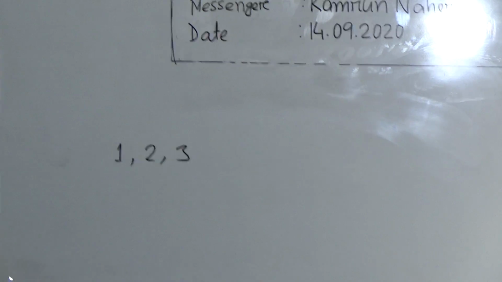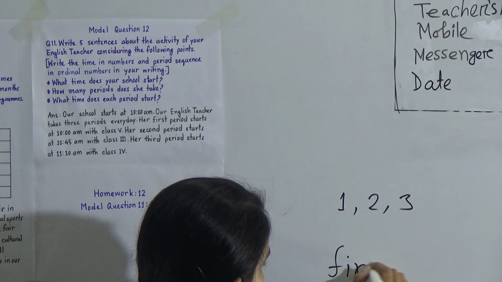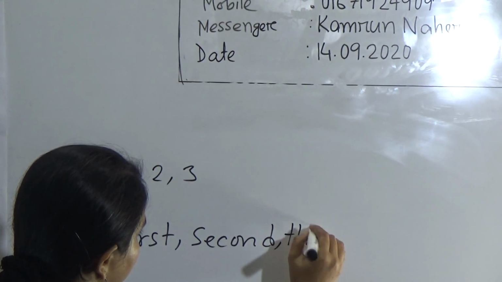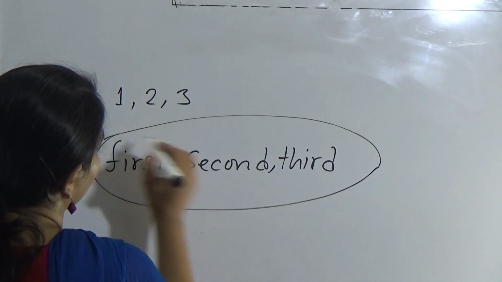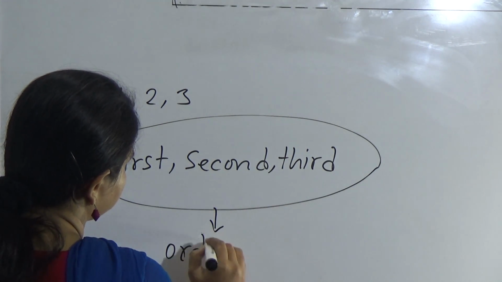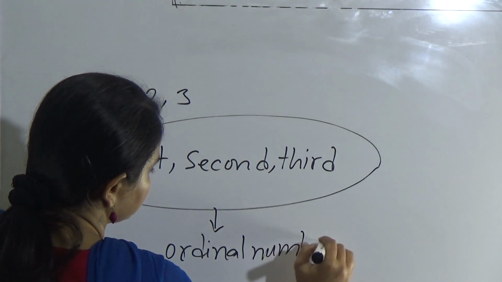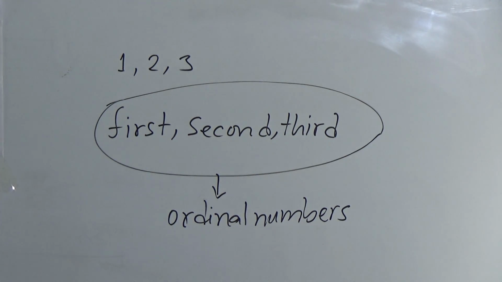Now you will write the ordinal numbers like first, second, third, like this. So, these are called ordinal numbers, first, second, third, fourth, fifth, sixth, seventh or eighth.